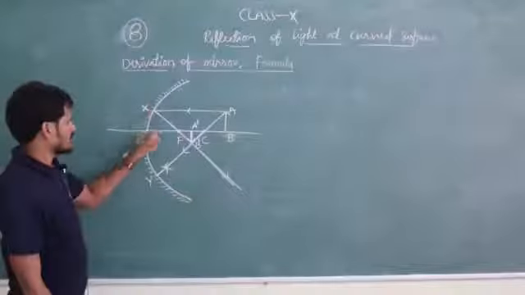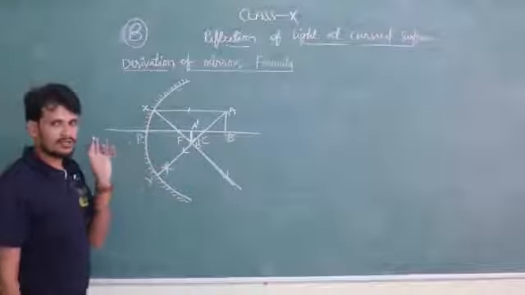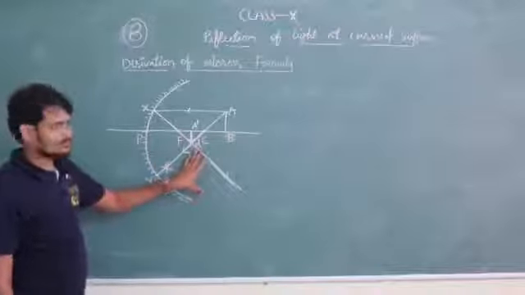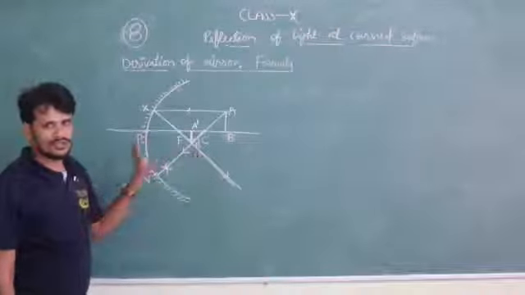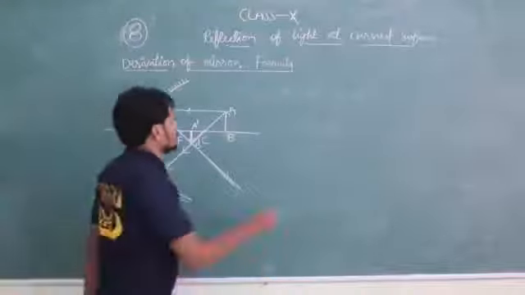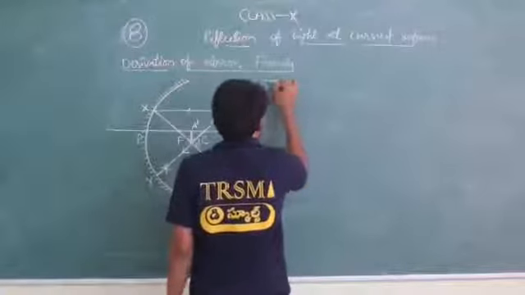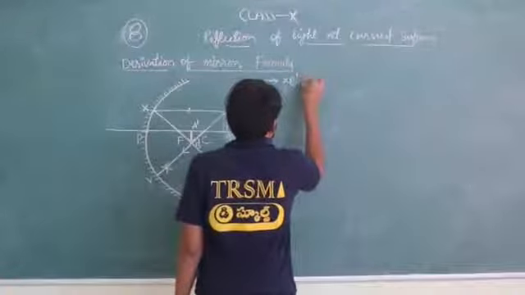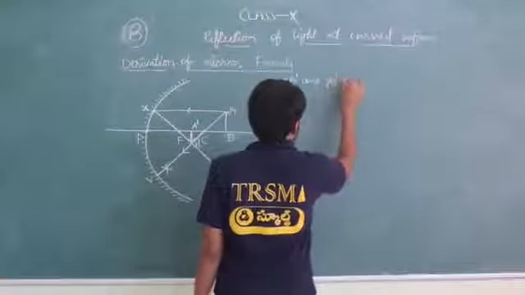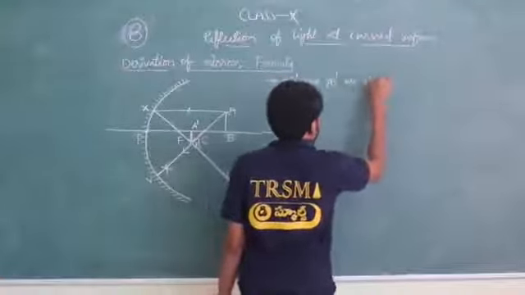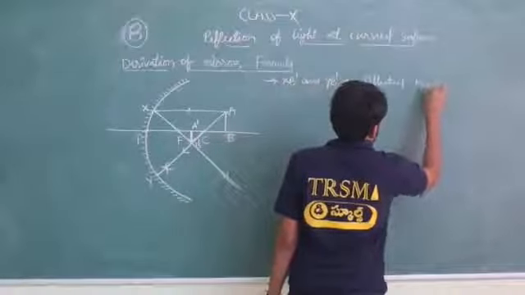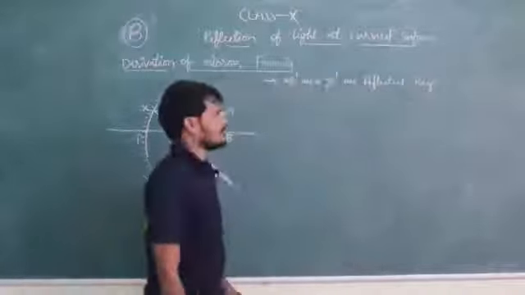So XB dash and YB dash are both reflected rays. I hope you understand the diagram.